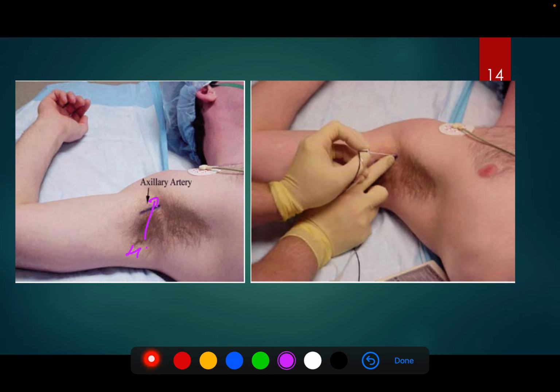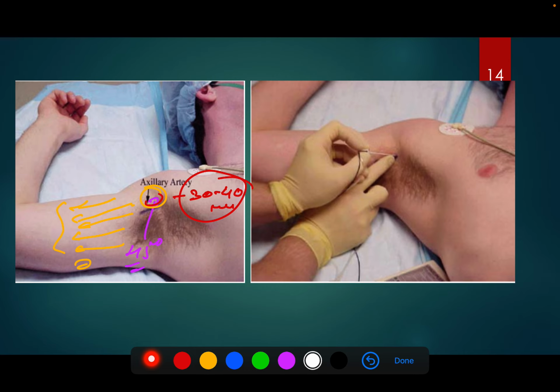Keeping the needle at 45 degree, we inject about 30 to 40 ml of local anesthesia. After injecting over this region, it can cause the paralysis or the numbness of all the brachial plexus branches going to the hand, okay, arm, forearm and hand.